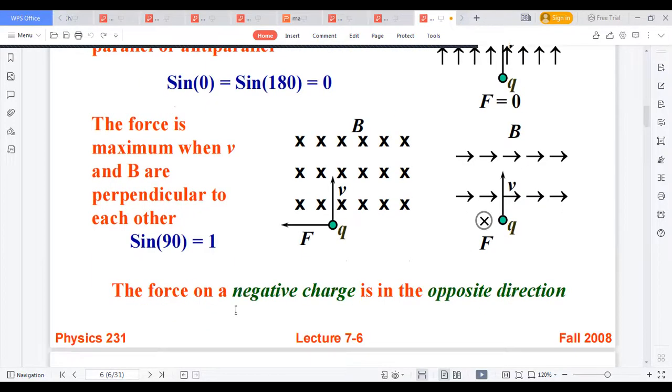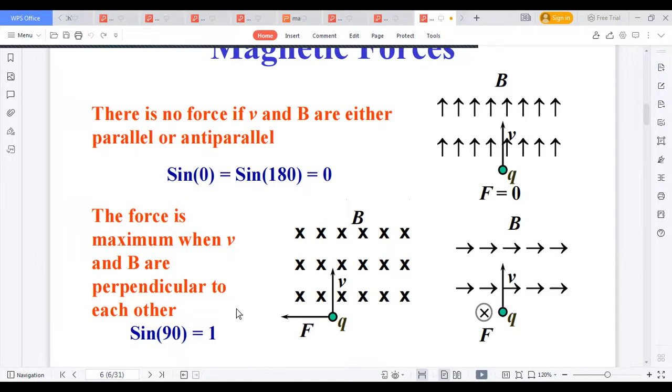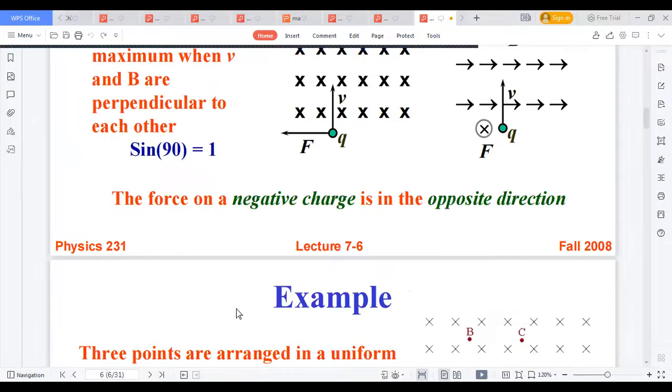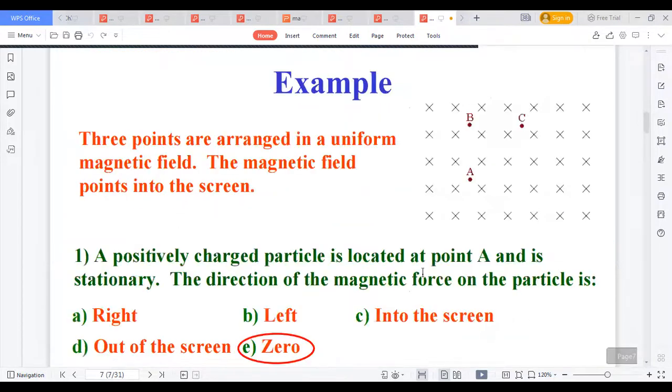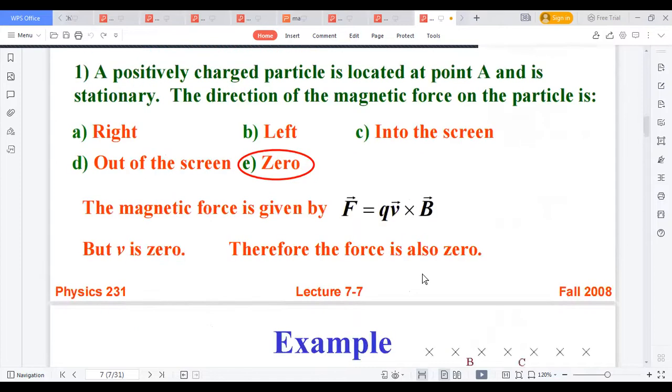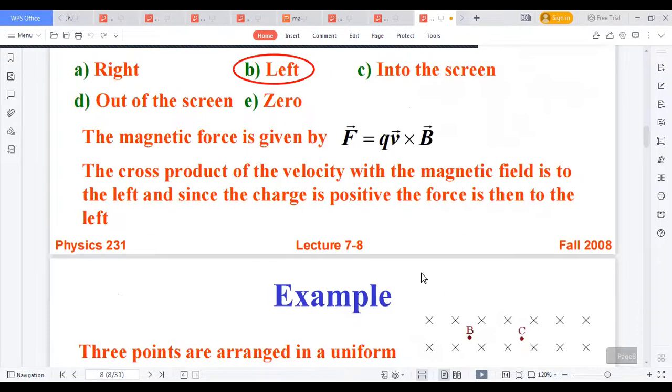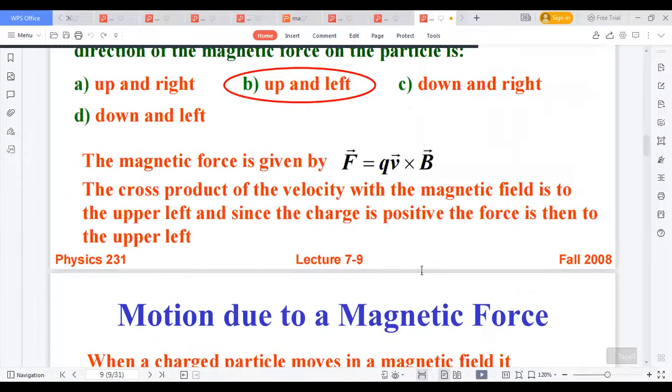So that is the maximum, and for parallel or anti-parallel, this force will be minimum. The force on a negative charge is in the opposite direction. You have to remember this. This is a frequently asked question. You must know about this one, and this is also an example.